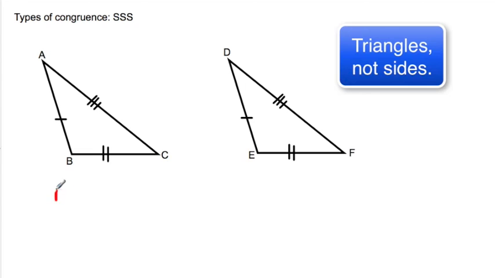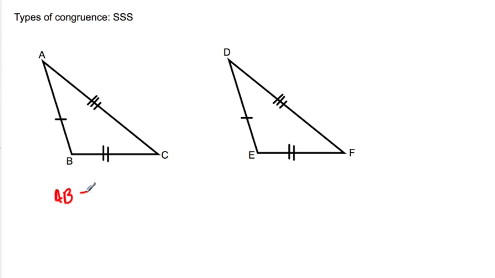Here we can see that AB is equal to DE, BC is equal to EF, and AC is equal to DF.